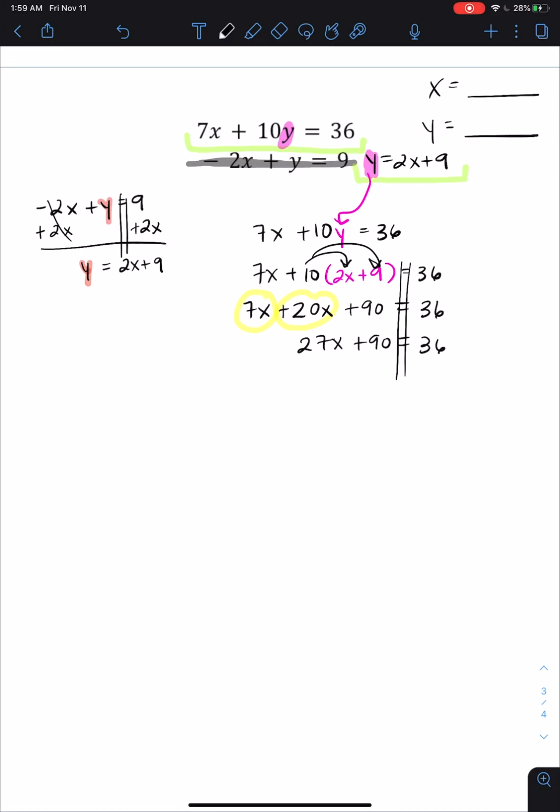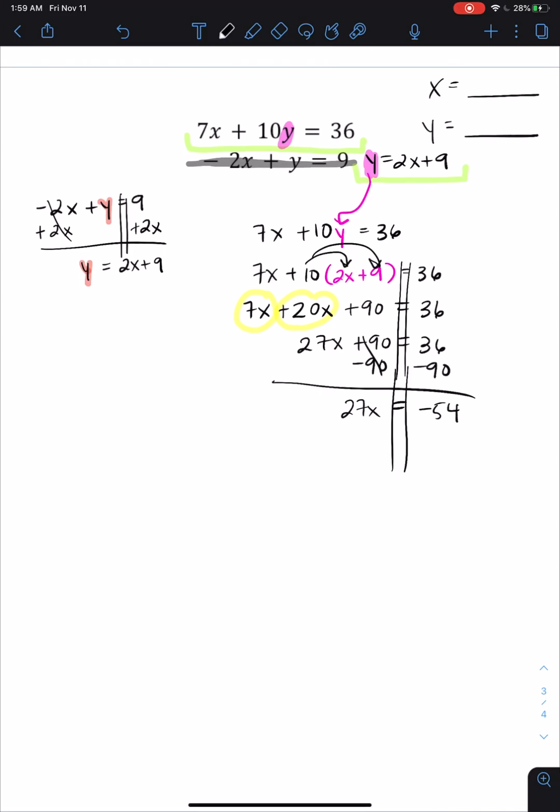Now all like terms are combined, so we're going to use inverse operations and subtract 90 from both sides. We're left with 27x is equal to, and 36 minus 90 is negative 54.